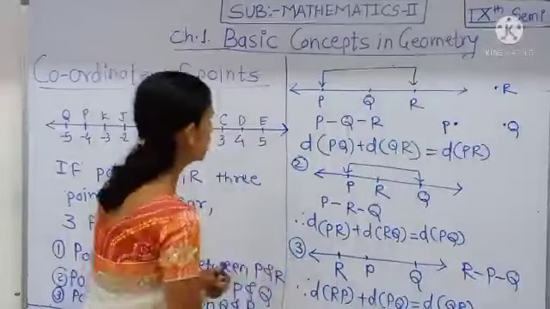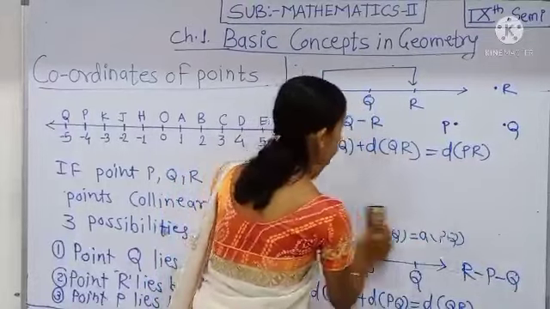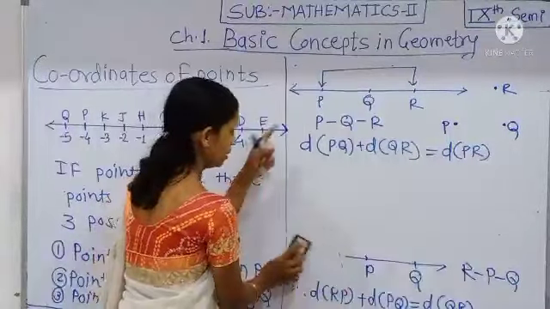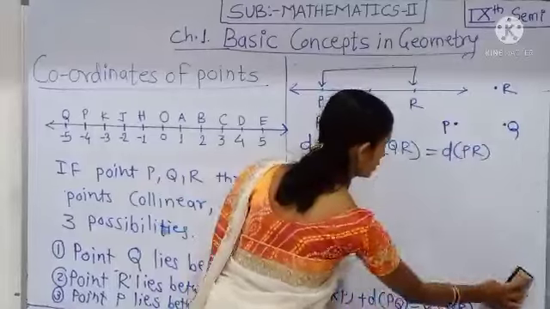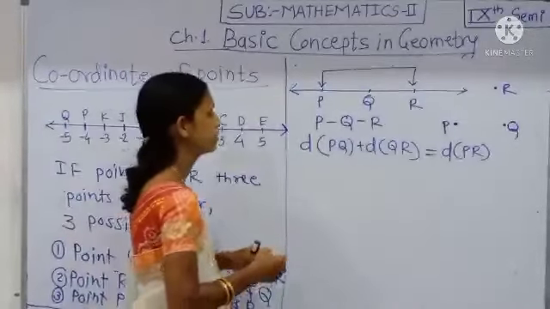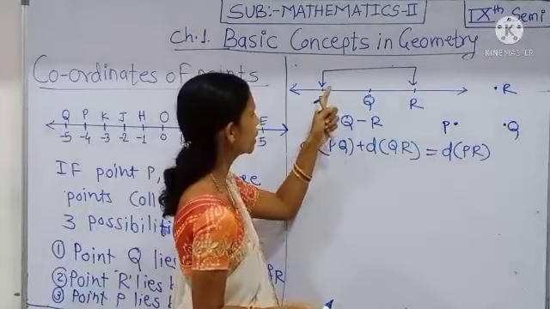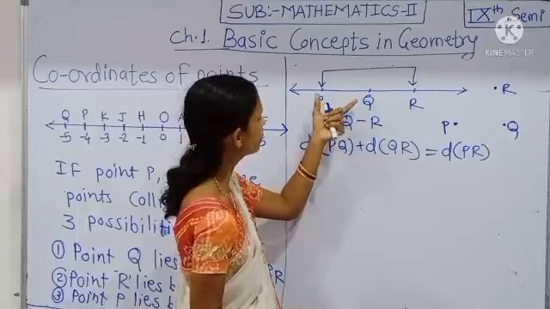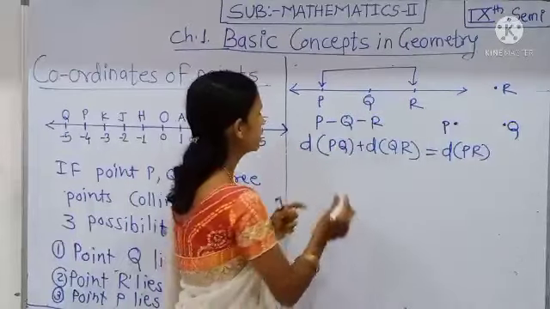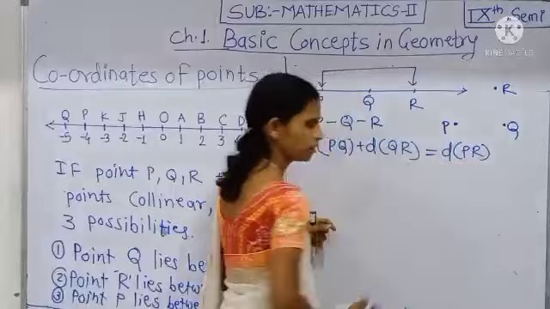If the point Q lies between P and R, then we can write the formula related to the distances between those points, that is dPQ plus dQR is equal to dPR.